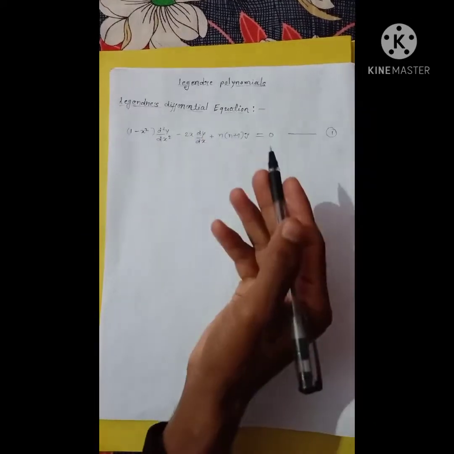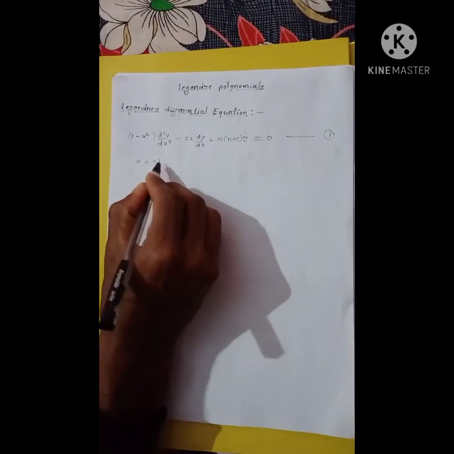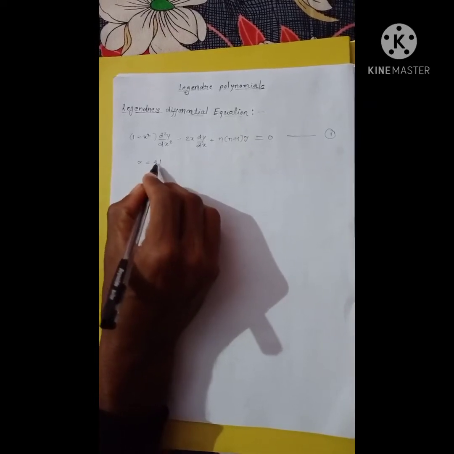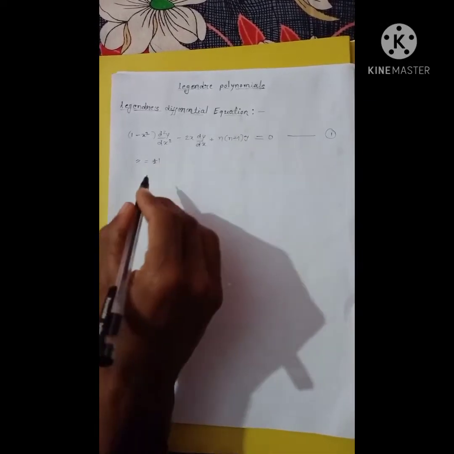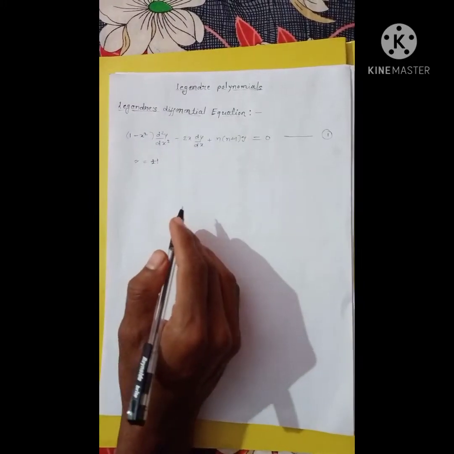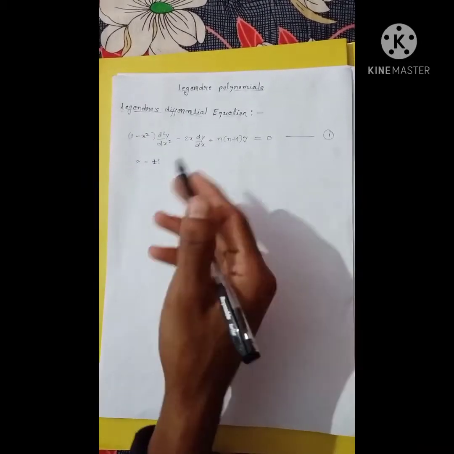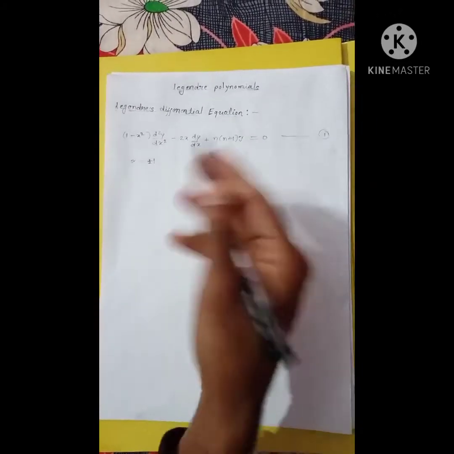Now we can easily see that when x is equal to plus minus 1, the equation first is reduced to a first order differential equation, which is easily solvable.